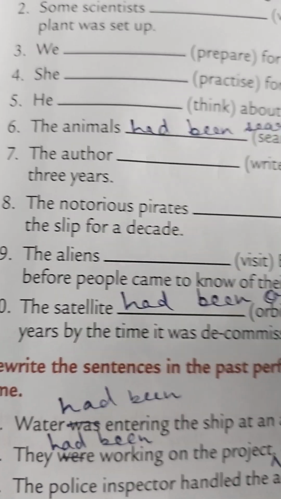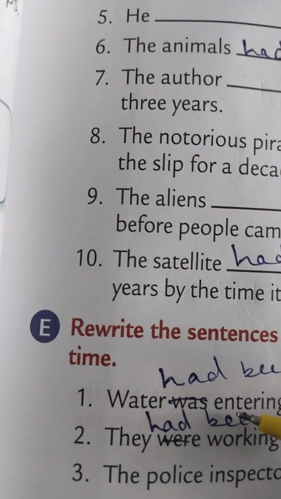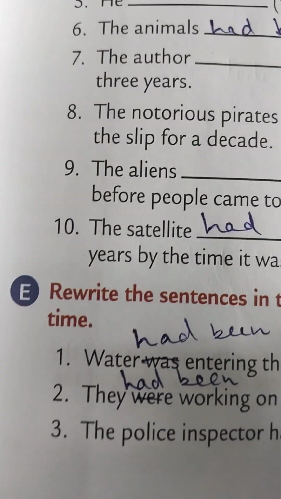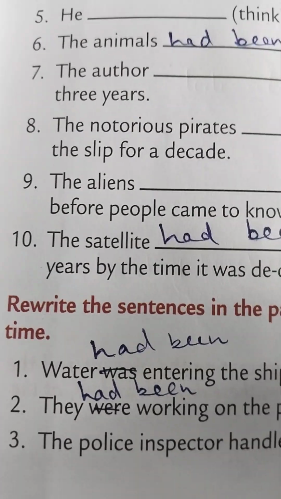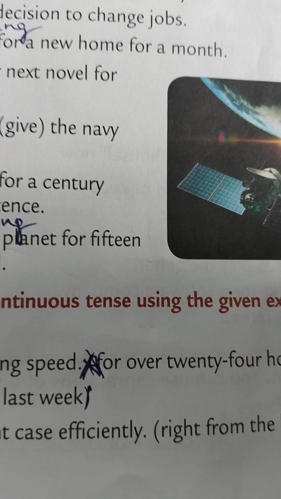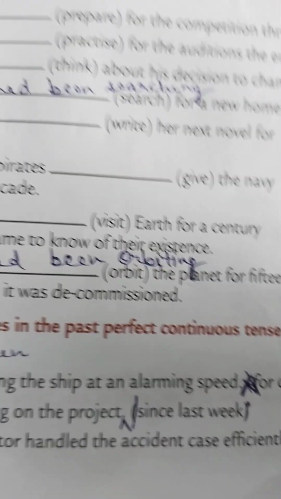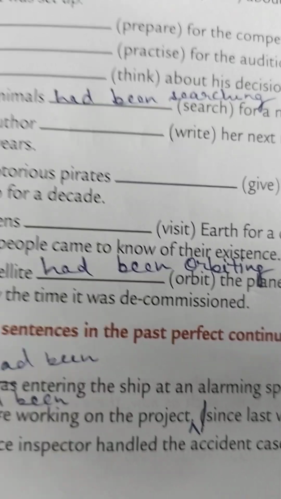Okay. Now see the first one, water. Now was will change into had been. Water had been entering the ship at an alarming speed for over 24 hours. So this expression of time will also be added now.